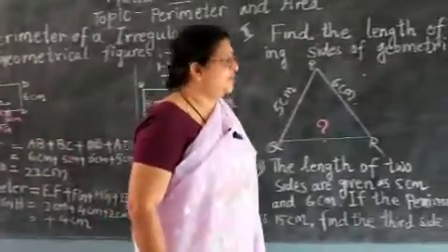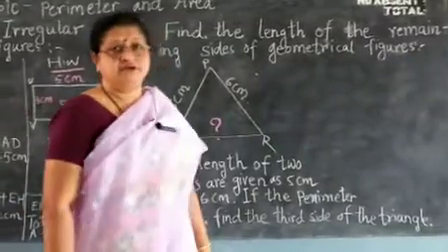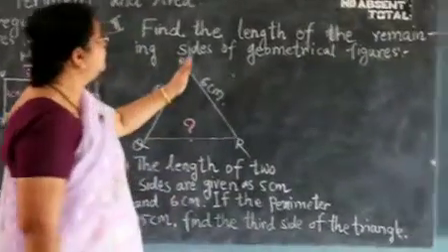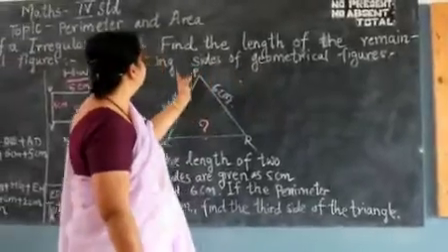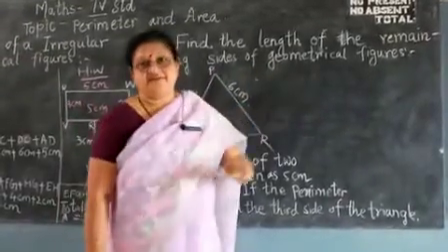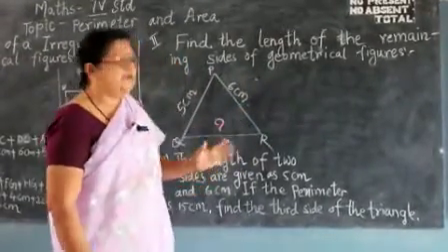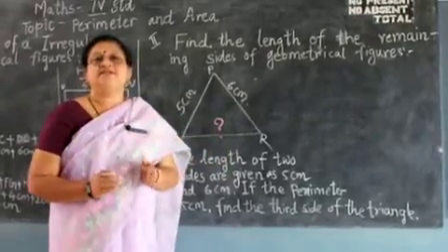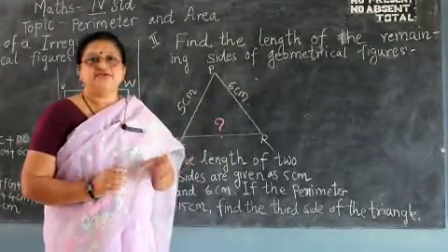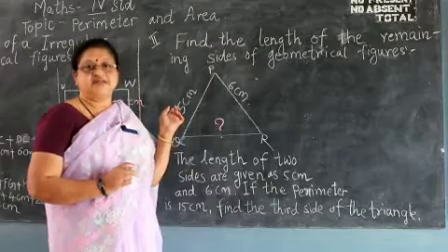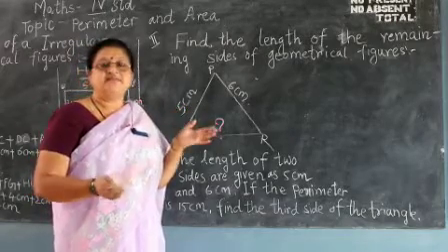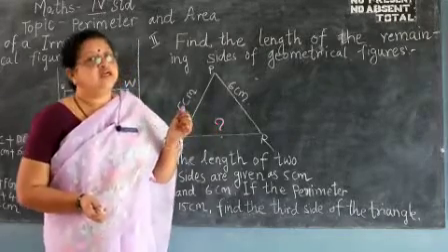Now we are also going to one more topic of your syllabus, which is to find the length of the remaining sides of a geometrical figure. That is, one side of the geometrical figure you have to find. Today here it is shown as a triangle. In the same way it is followed for the rectangle.